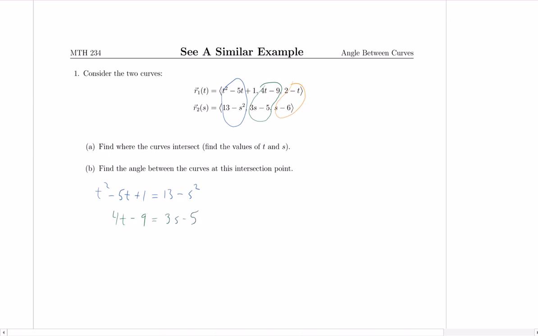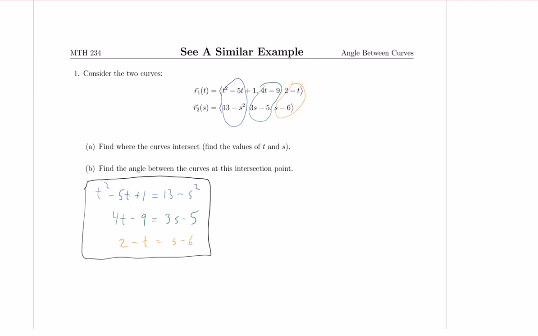That's just saying that where they intersect they have to have the same y-coordinate. And similarly, looking at the z-coordinates, 2 minus t has to be equal to s minus 6. So we have this system of three algebraic equations, and if we can solve this to get the proper values of s and t, that will give us the answer for part A.